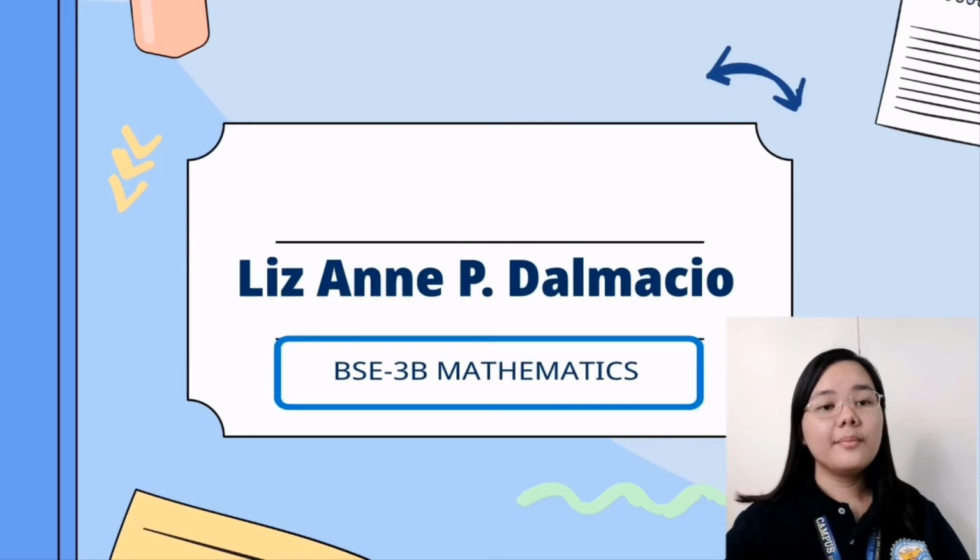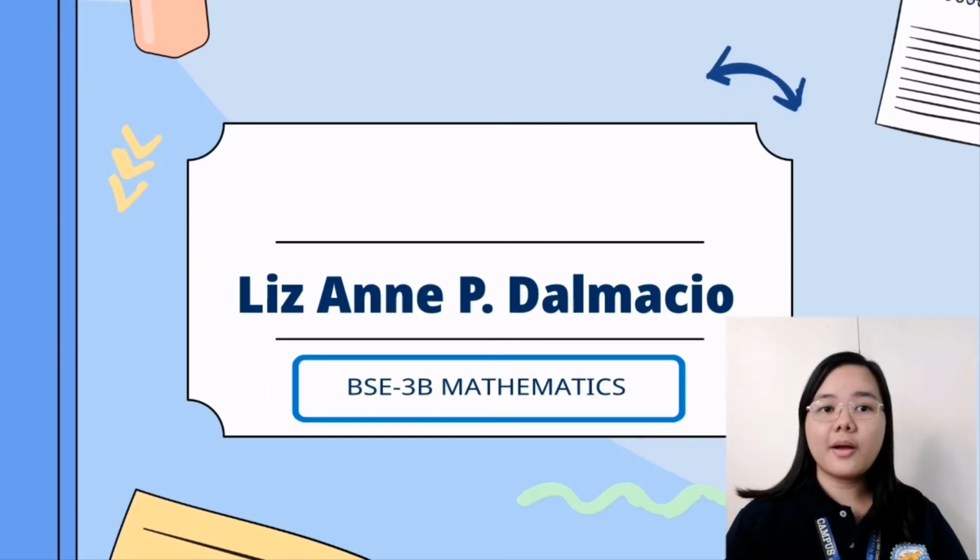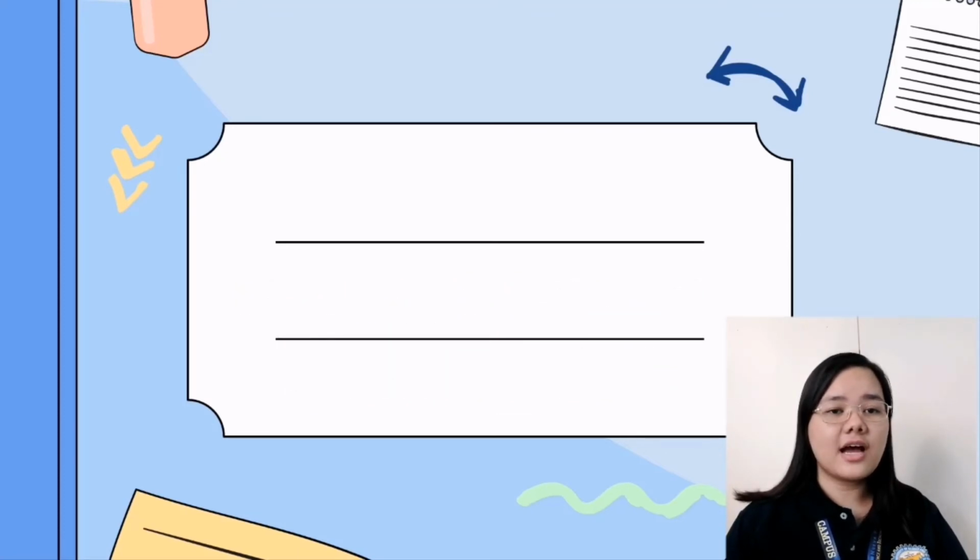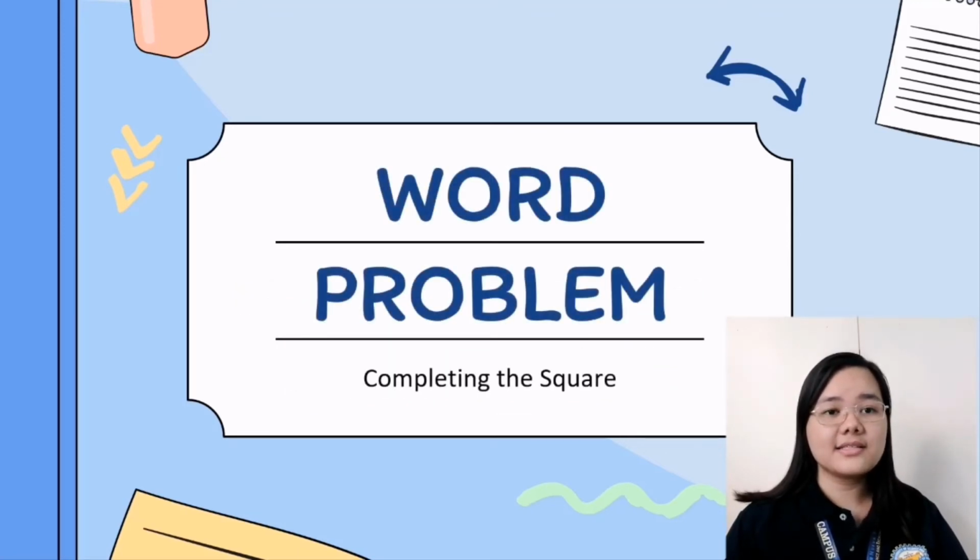Good day everyone, my name is Untitled Chapter from BSc 3B Mathematics. So our lesson for today is that I will provide an example of solving real-life word problems using completing the square, which is our last lesson, quadratic equations by completing the square.